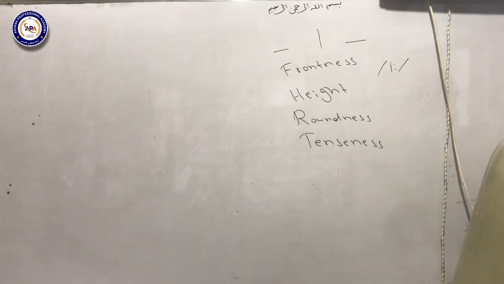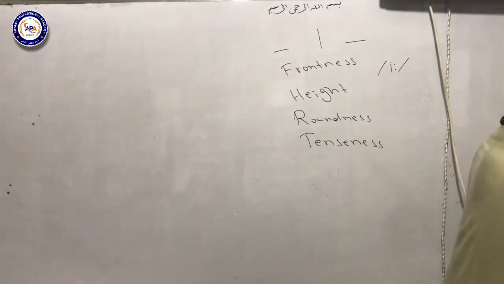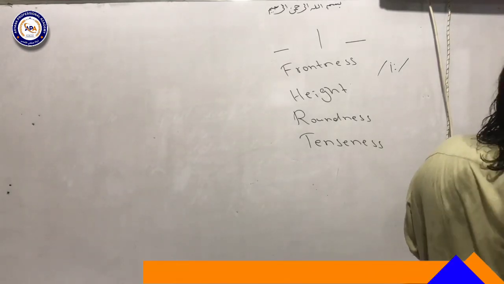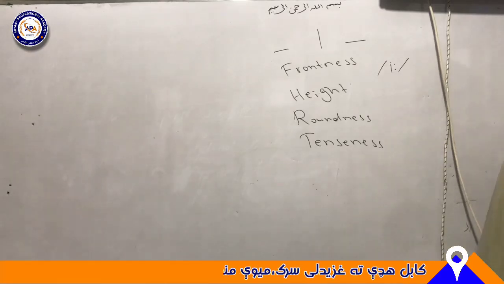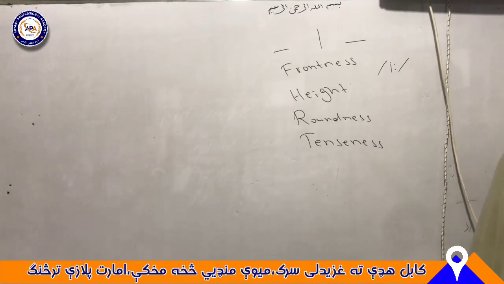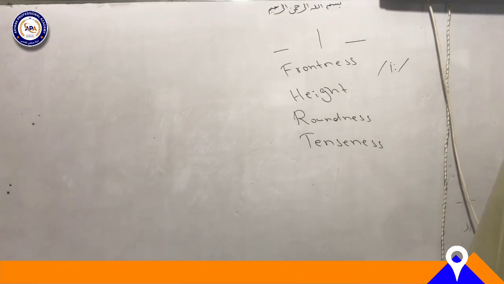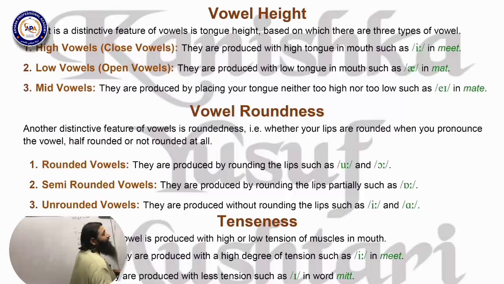Okay, here is the example. All right, see? Not too high, not too low. In the middle, that is called mid vowel. That was the second categorization of vowel sounds based on height.